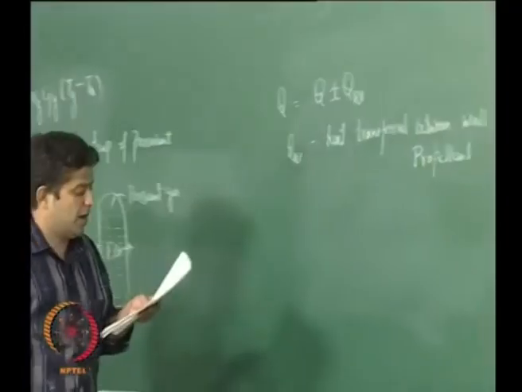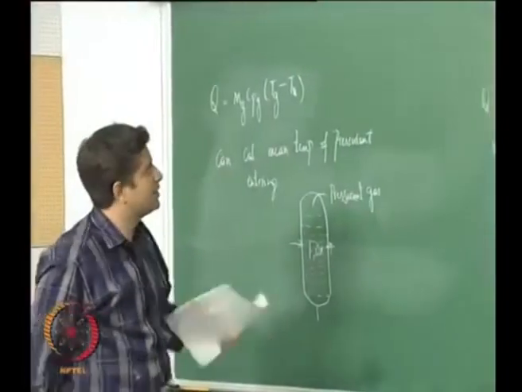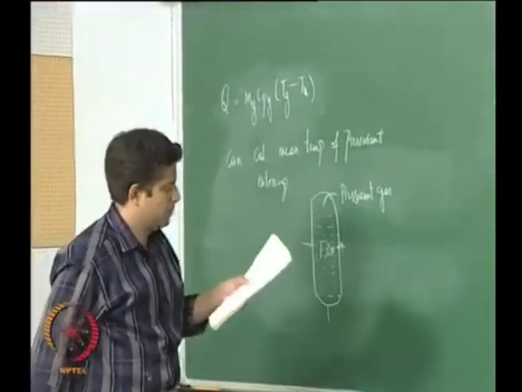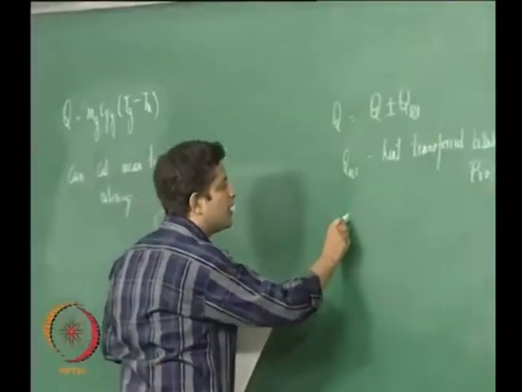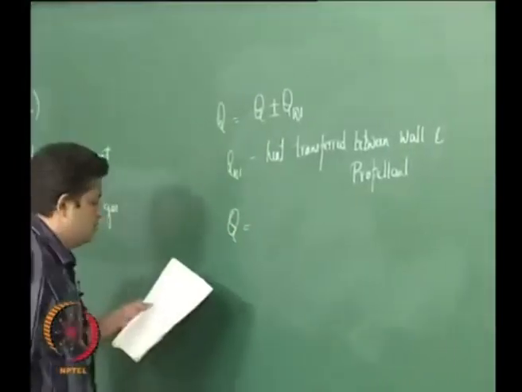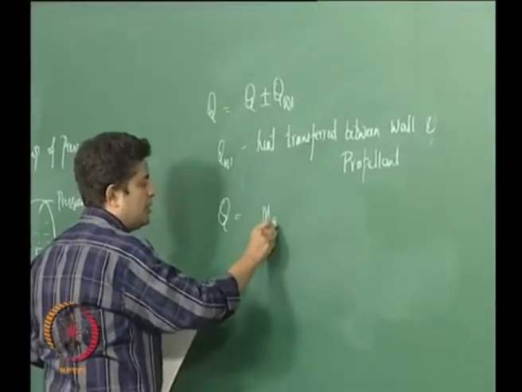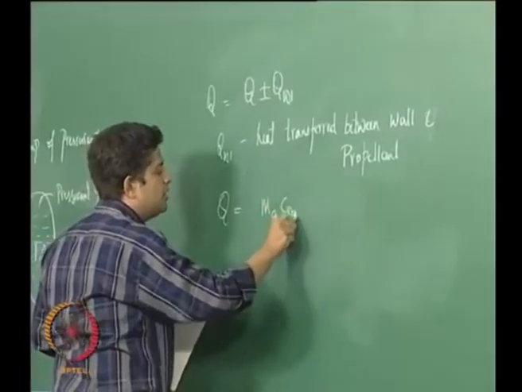And similarly if we are looking at what happens to the pressurant, then Q is equal to mg Cpg, plus or minus Q wall 2.